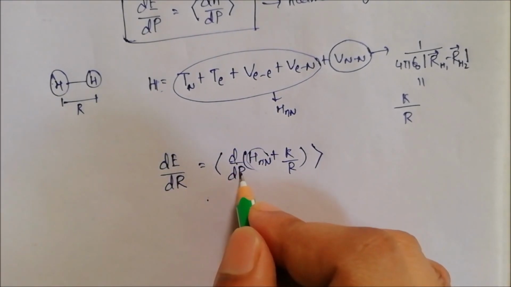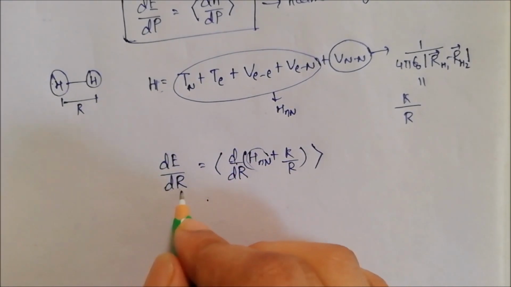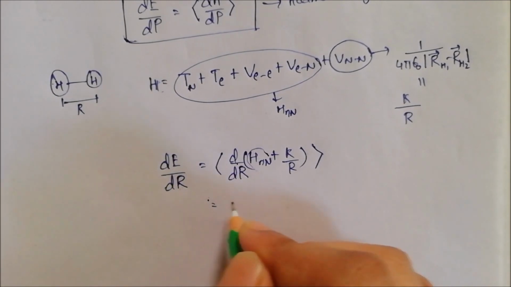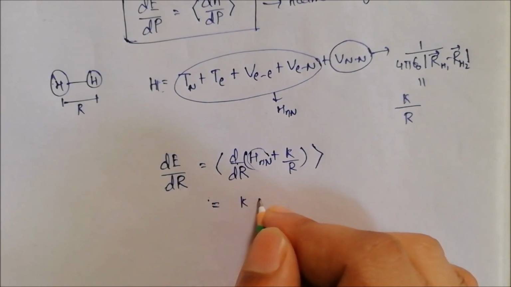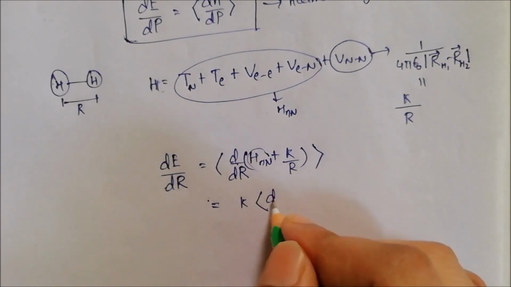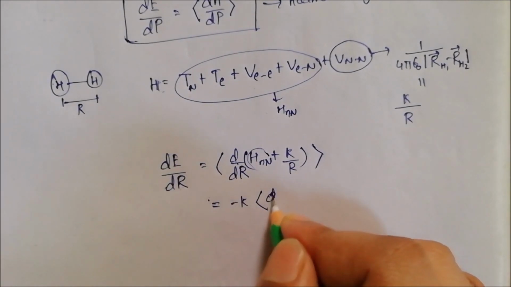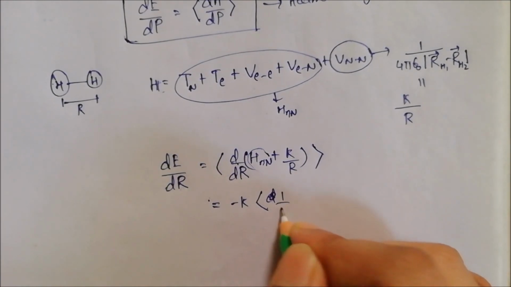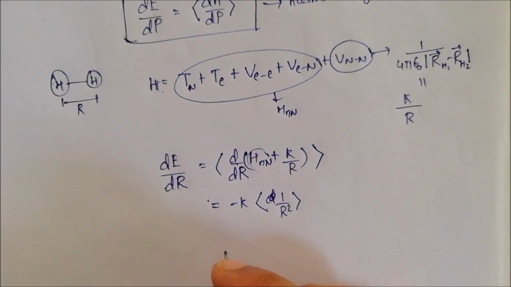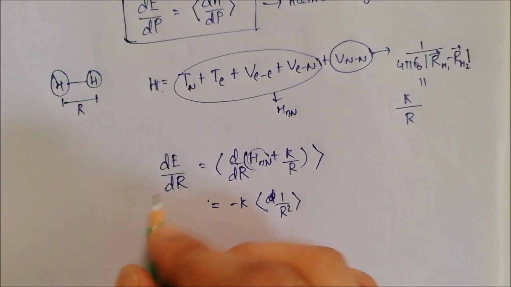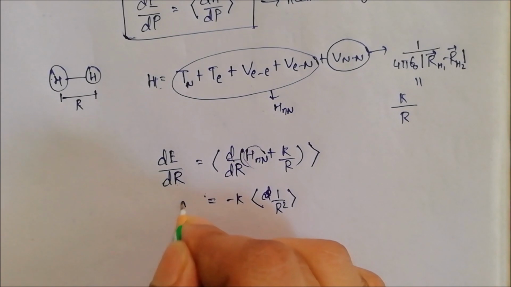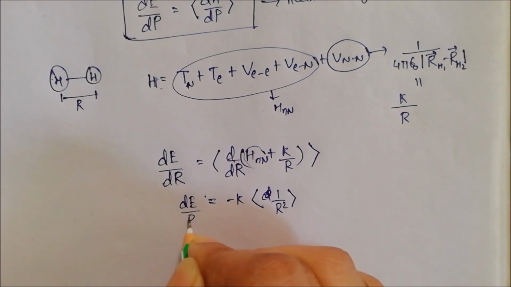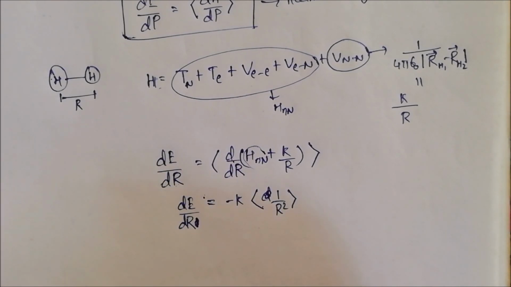This parameter here is the distance between the two hydrogen atoms, so this is just k times minus 1 by r square. You see, this is how the variation in energy looks if we change the distance for this hydrogen molecule.